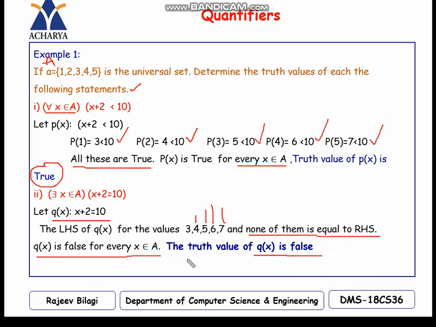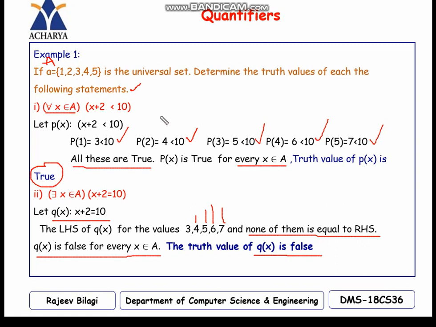This is one simple example related to the quantified statement and the corresponding truth values of Q of x and P of x for a given set A equal to 1, 2, 3, 4, 5.